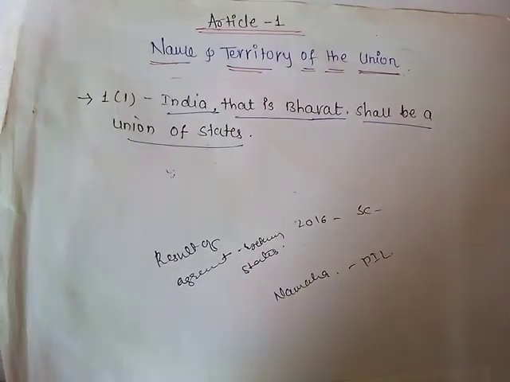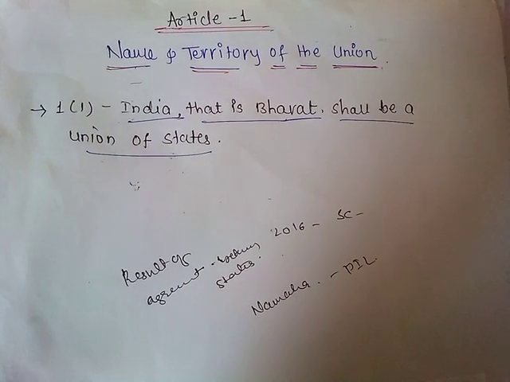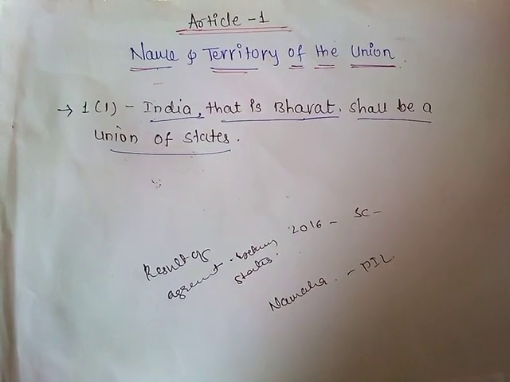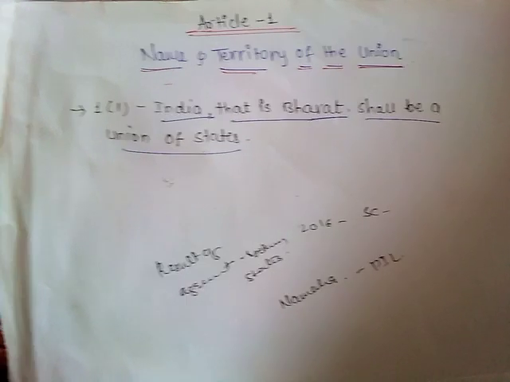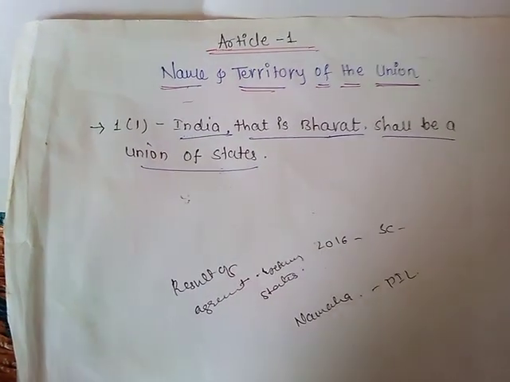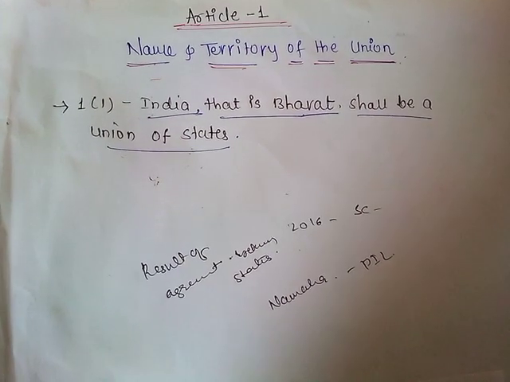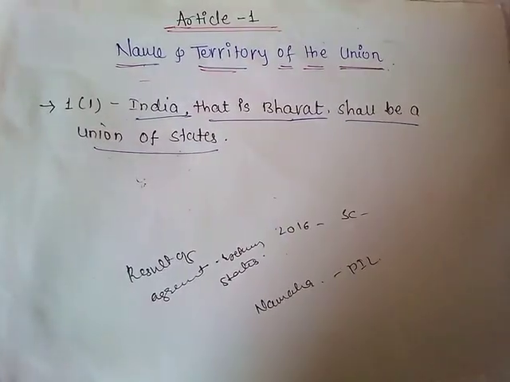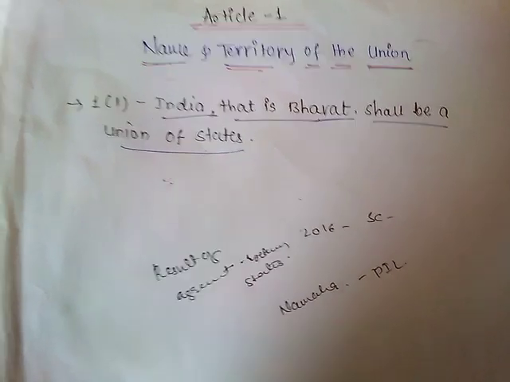So if our constitution was federal, then any state may come out of the federation and become an independent country. That is why Dr. B.R. Ambedkar said that India is a union of states, not a federation of states.